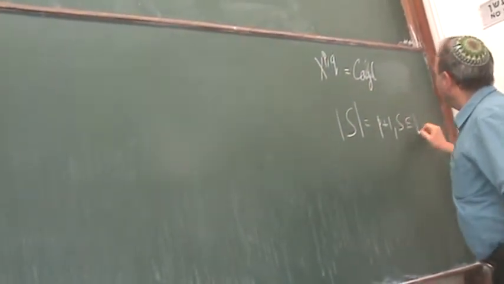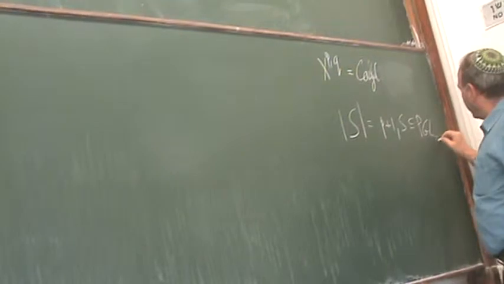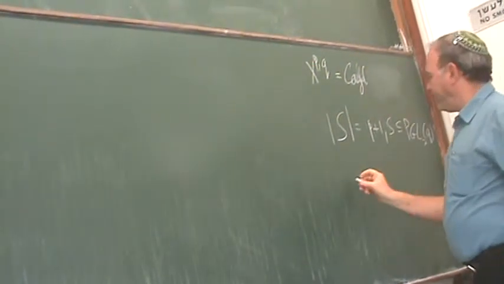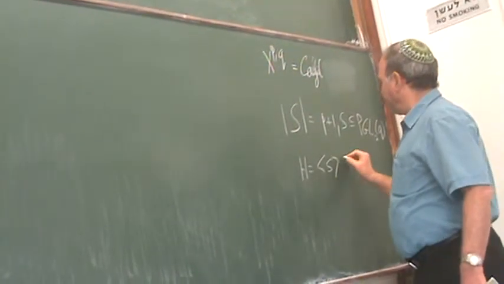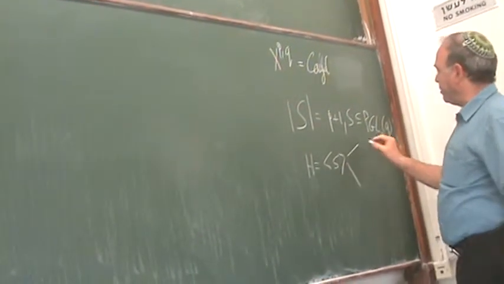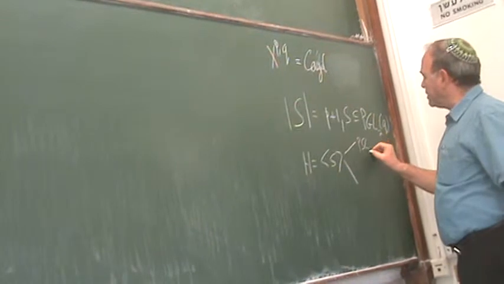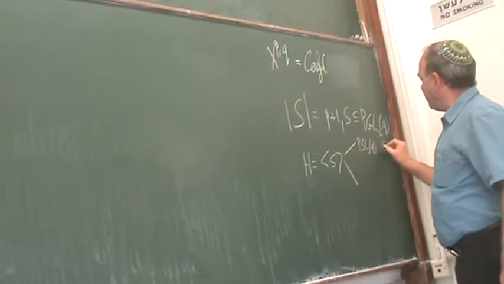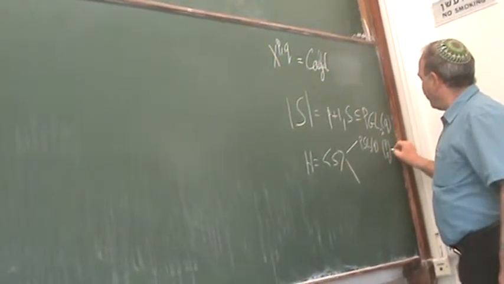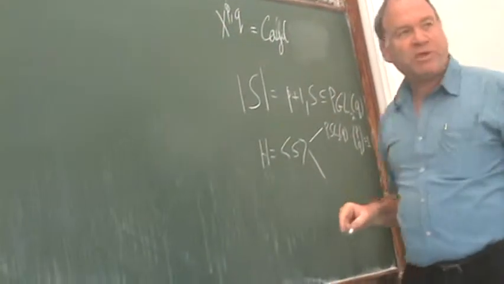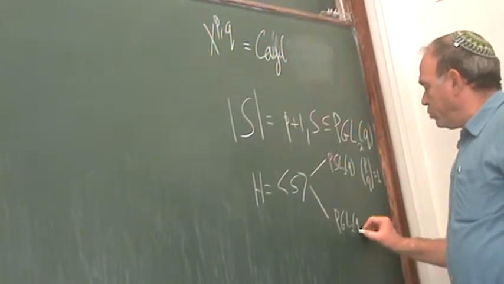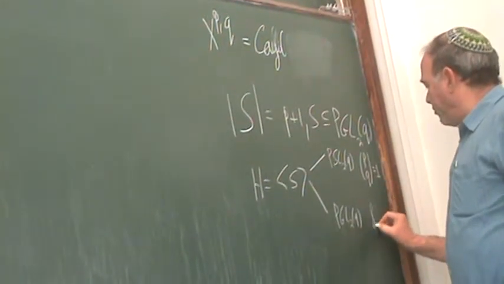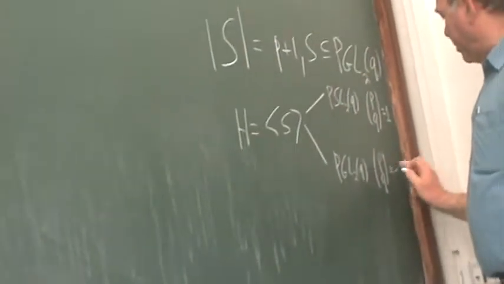S was a subset of PGL_2(Q), and H is the group generated by S, and there are two possibilities. Either it is PSL_2(Q), and this happens if (p/q) is 1, namely if p is a quadratic residue mod q, and it is PGL_2(Q) when (p/q) is minus 1.